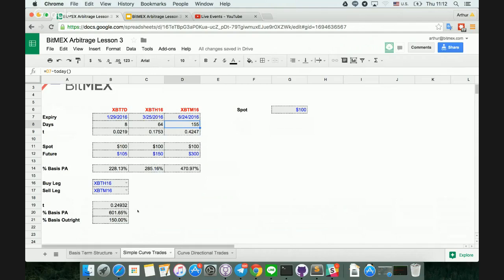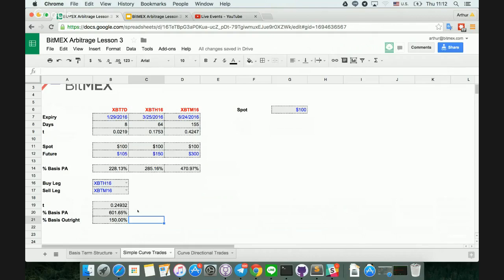Now, assuming that we have the same term structure and we just let time expire, we will make this outright 150% return. However, we need to buy back another futures contract, i.e. we need to pay fixed again in 64 days. So we have a risk.